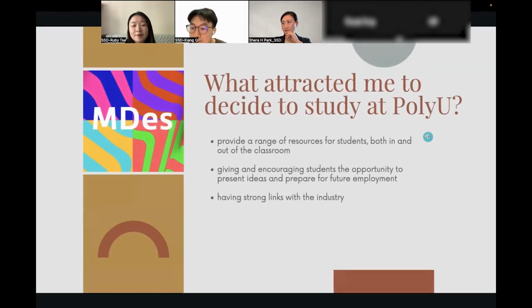Next, I would like to talk about the reasons that attracted me to decide to study at PolyU. Firstly, I think PolyU provides a range of resources for students, both inside and outside the classroom. In addition, I think they encourage students to present their ideas and prepare for future employment.